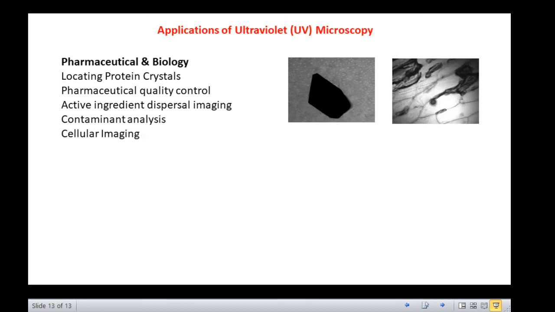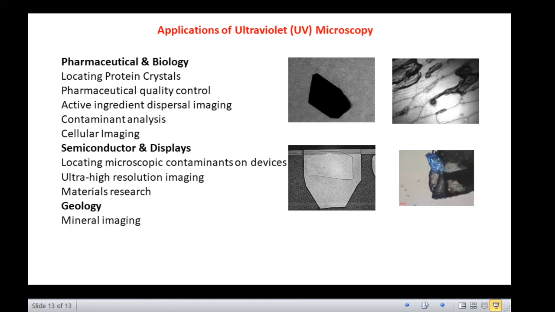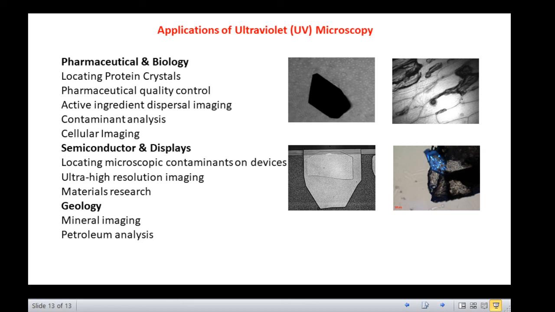The applications in the field of semiconductors and displays are locating microscopic contaminants on devices, ultra high resolution imaging, materials research. The applications in the field of geology are mineral imaging, petroleum analysis.